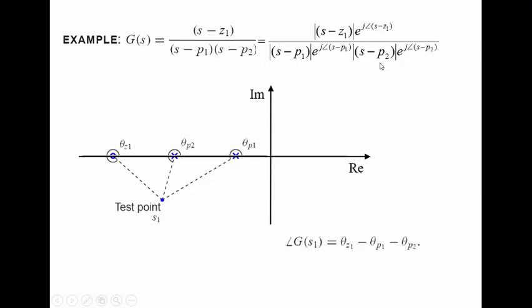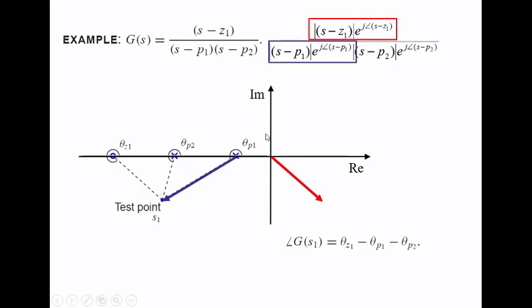And s minus p2 is represented by the absolute value of s minus p2 for its magnitude, and exponential of j times the angle of s minus p2 for its angle. The zero is represented by this vector. We have a certain magnitude, which is represented by the length of this arrow, and a certain angle, which is given by this theta z1. We can shift this arrow here to the origin.